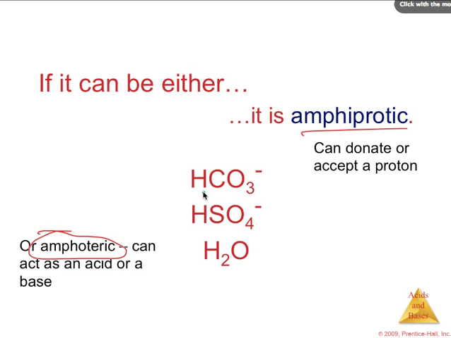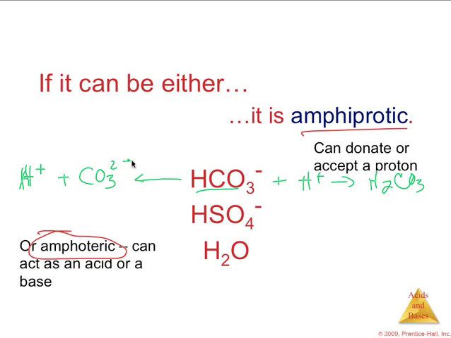What does that mean? Well, it means that this hydrogen carbonate ion can accept a proton to become carbonic acid. Okay, it can also lose that hydrogen. So it can act as an acid or a base, and there are several things that can do that.